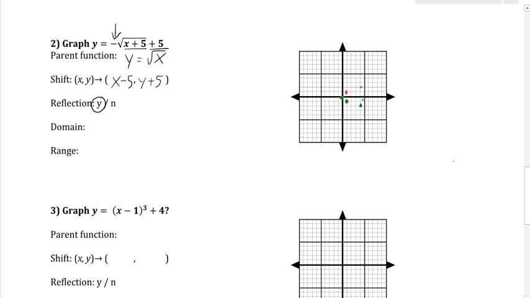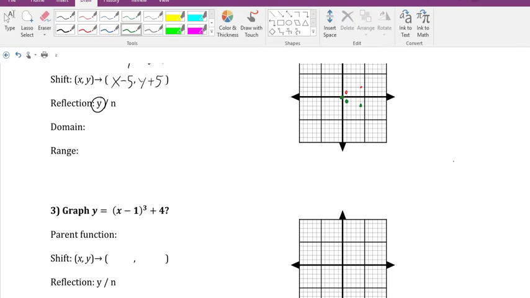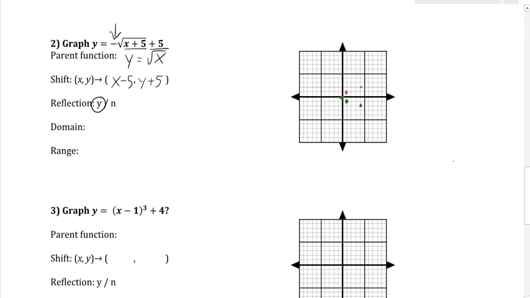And then we're going to shift those points left 5 and up 5. So 1, 2, 3, 4, 5. 1, 2, 3, 4, 5. There we go. Shifting the other points, left 5 and up 5. And drawing in my shape.